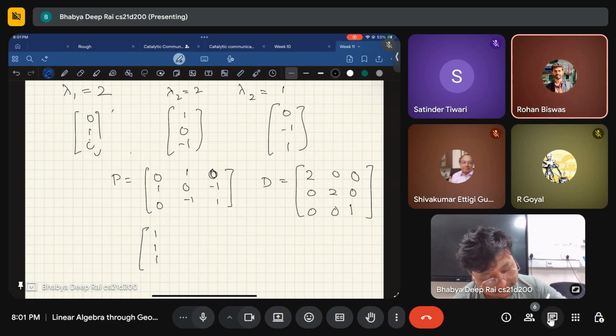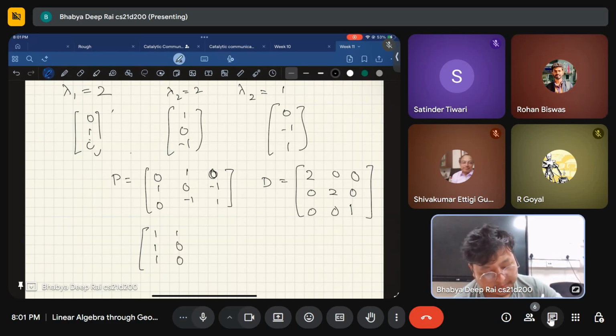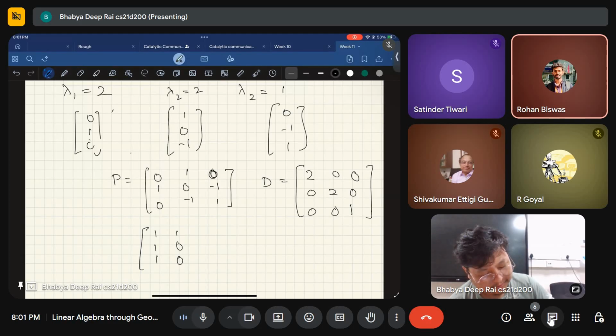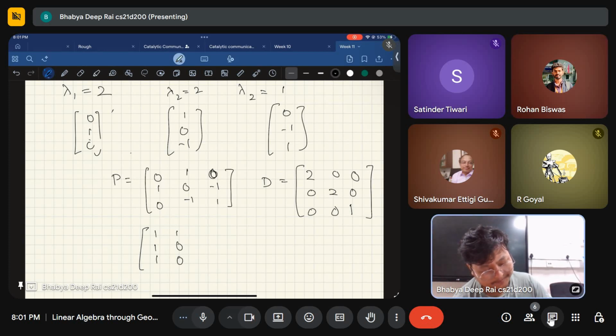So we can have 1, 0, 0 in the second column. And third is also pretty much easy to find. Let's add first and last, so 1, 0, 1.